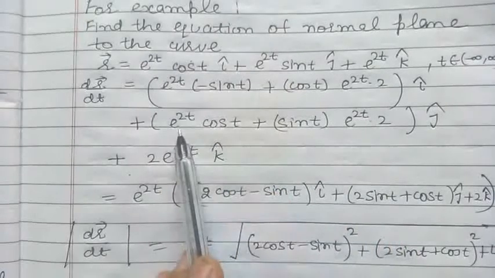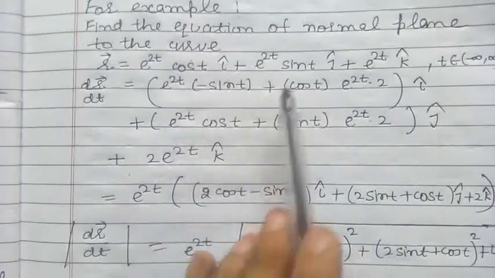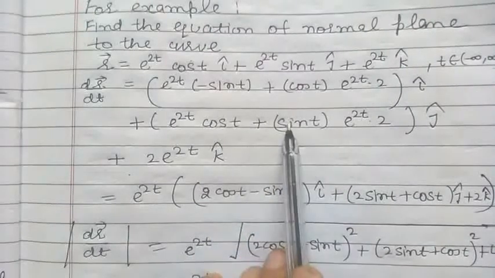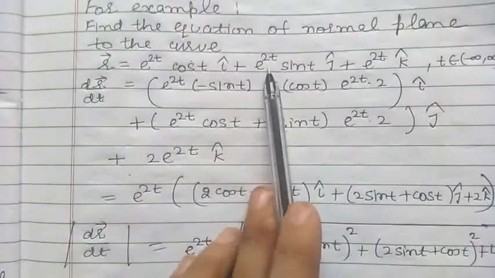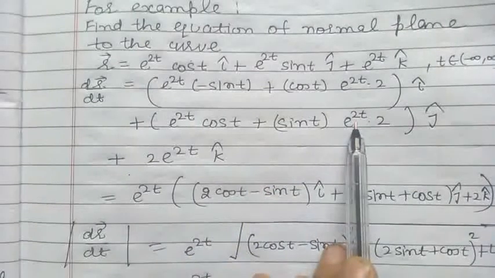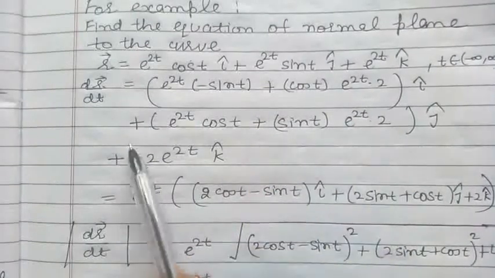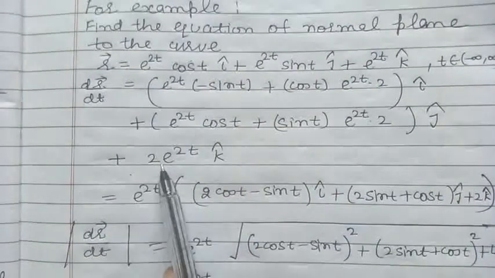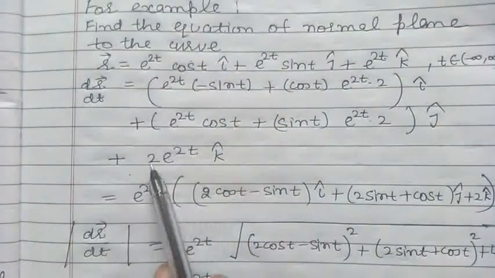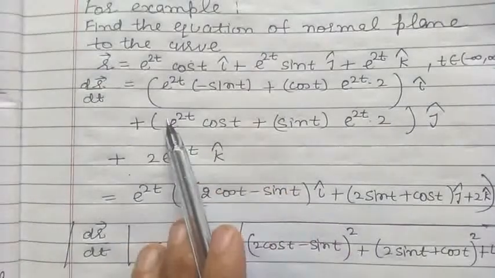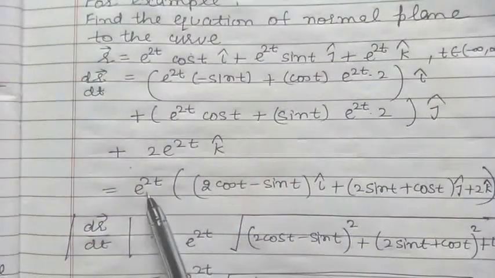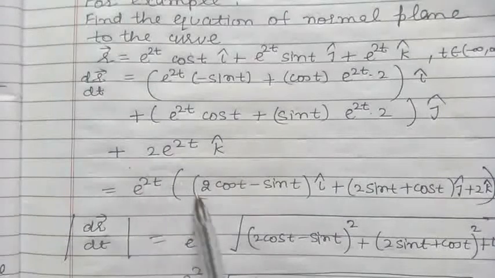Plus e raised to the power 2t as it is, the derivative of sin t is cos t, plus sin t as it is, the derivative of e raised to the power 2t, that is e raised to the power 2t into 2, plus the derivative of e raised to the power 2t, that is e raised to the power 2t into 2. So we have obtained the tangent vector. We can take e raised to the power 2t common from here.